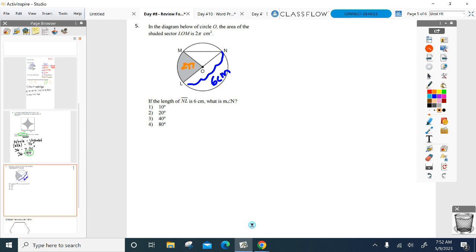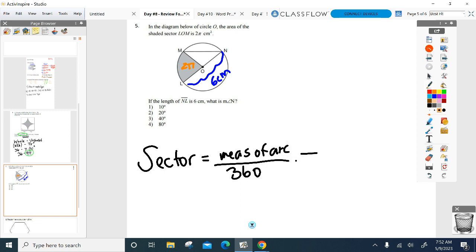So it's a sector problem. This is a formula I'm not giving you. You're responsible for it tomorrow. Sector equals measure of the arc over 360 times the area, pi r squared. I know it asks to find angle N, and we'll get to that.